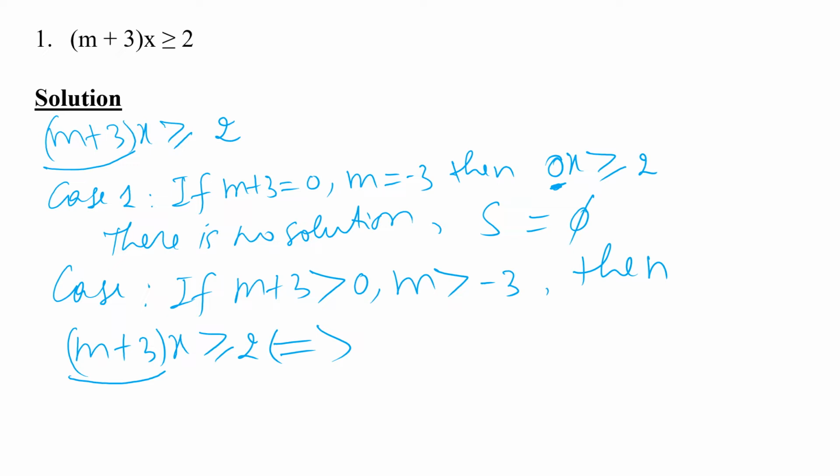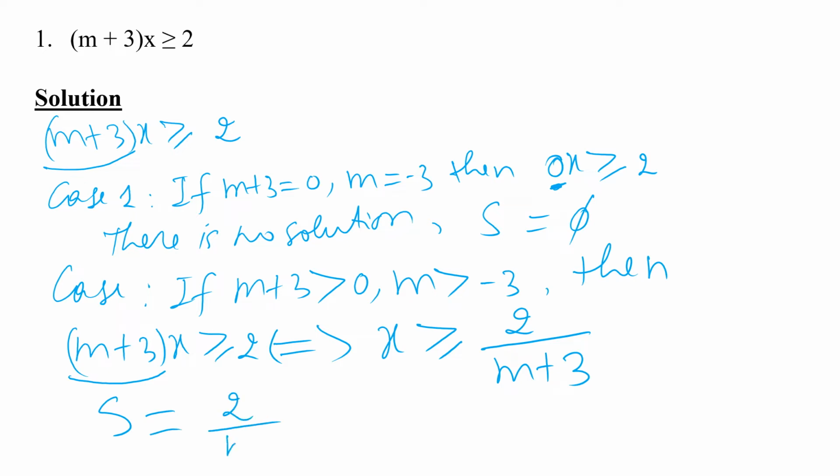Now we're going to solve the inequality as usual. We divide both sides by m plus 3 which is positive, then we get x which is greater than or equal to 2 over m plus 3. Now the solution set is S equal to the interval from 2 over m plus 3 up to positive infinity.